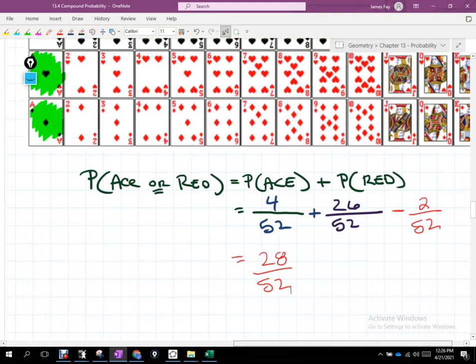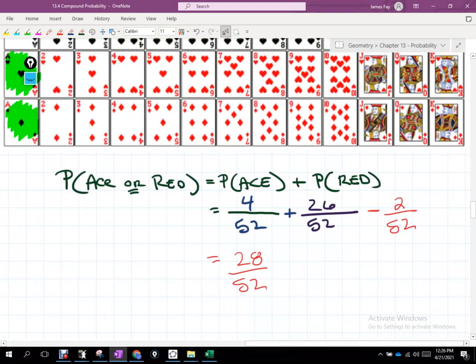And when we have disjoint or not mutually exclusive events, this here, that right there, think about these two cards. How would you verbalize in words what those two cards were? They did end up being duplicates, but weren't they? What were the two criteria that we were using to become part of our probability?